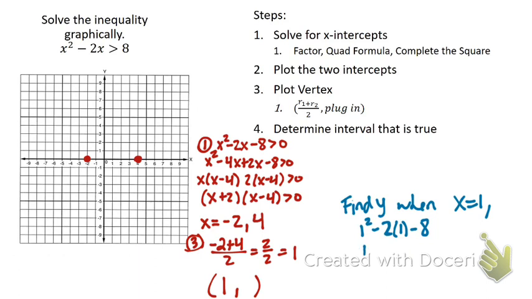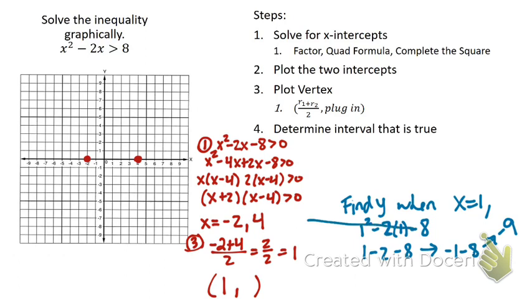So we have 1 squared is 1 minus 2 minus 8. So that's 1 minus 2 is negative 3 minus 8, which is negative 11. Okay, so my y value is negative 9. So you have 1 minus 2 minus 8, so negative 9.